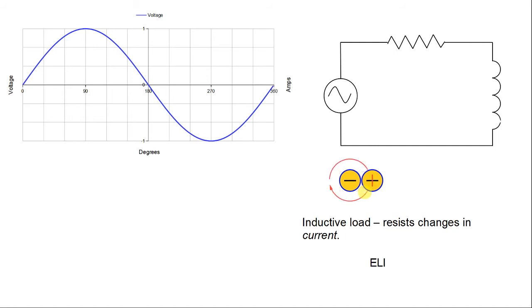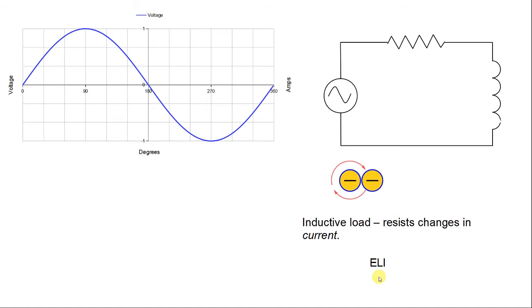And because of that, we have a phenomenon that happens in inductive loads. And we have a three-letter acronym to help us remember what leads what as far as voltage and current. The three-letter acronym is called ELI. So the L, as you recall, is the letter that represents inductance.